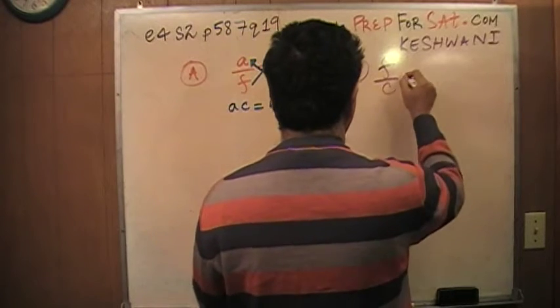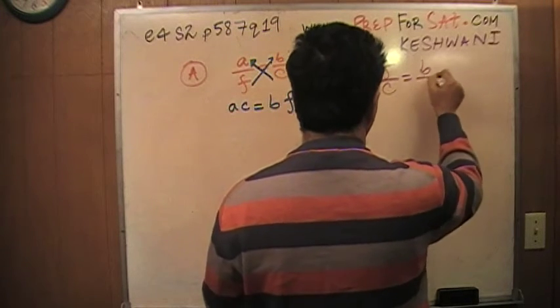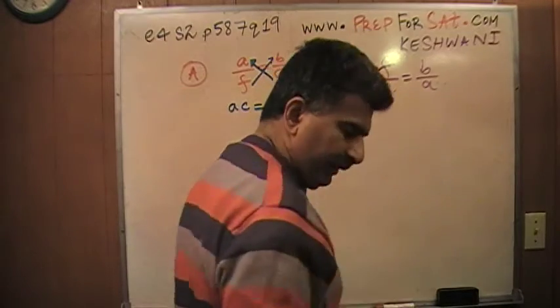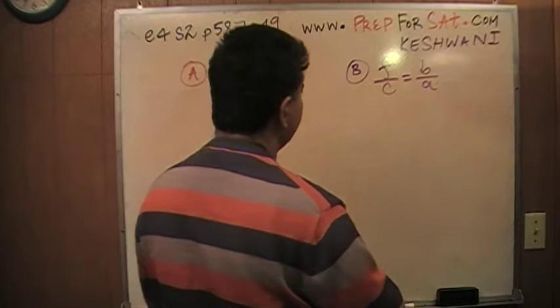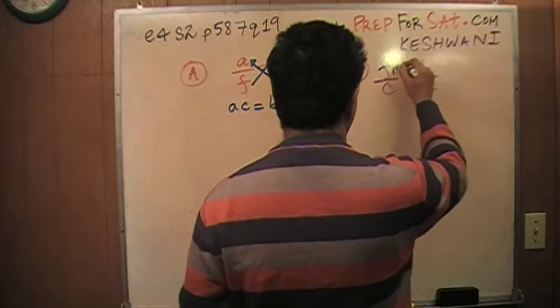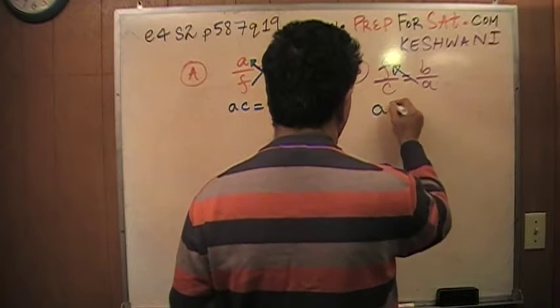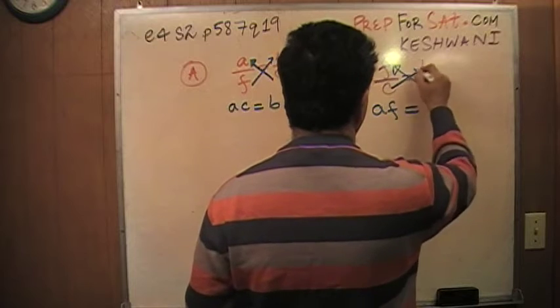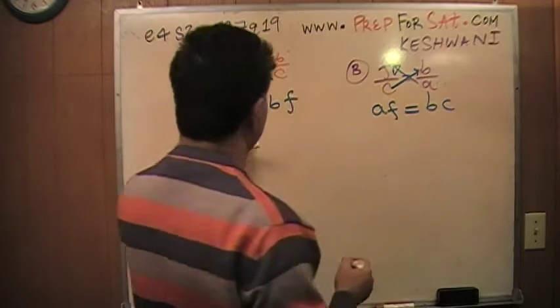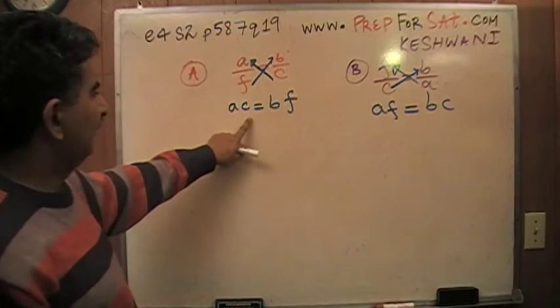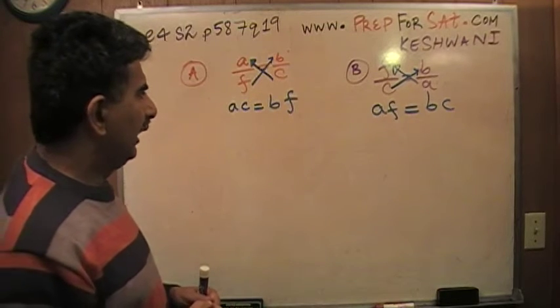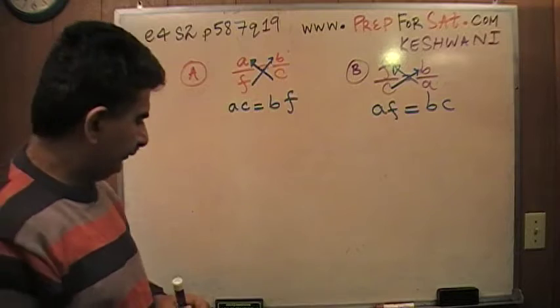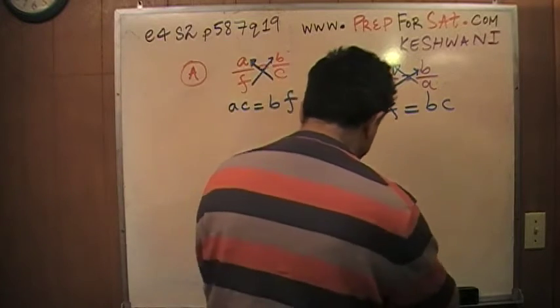F over C equals B over A. Again, if we cross multiply, just simple cross multiplication, F times A or A times F and B times C. Here we say A times C equals B times F, and here we say something different. Obviously they cannot both be correct. So let's see what happens in C.